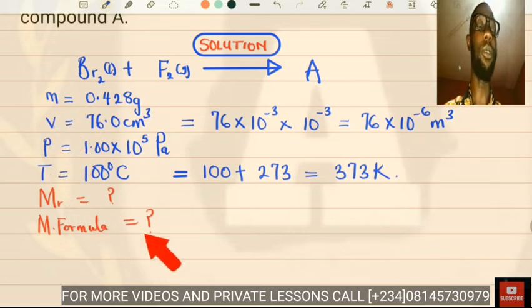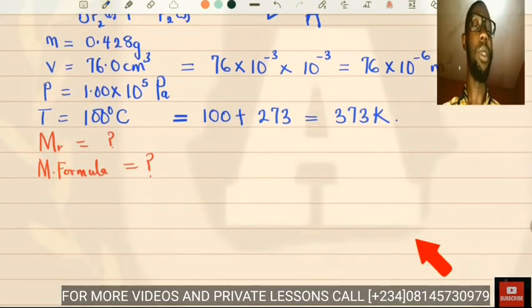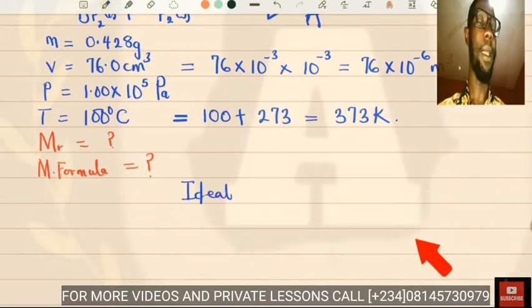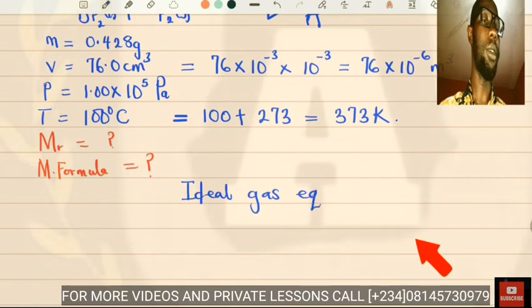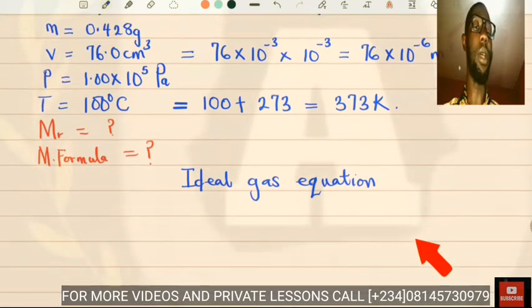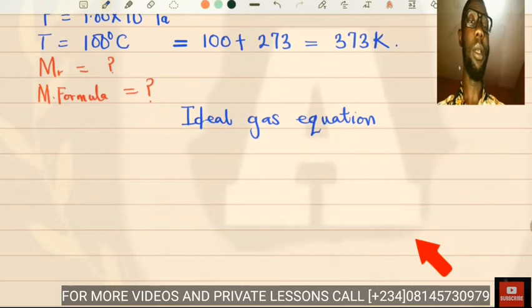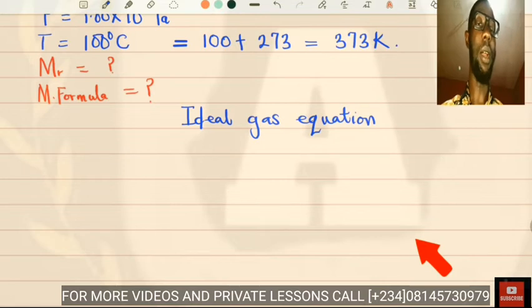Now, given all the parameters we have here, we have mass, volume, pressure and temperature. The equation which we're going to use is the ideal gas equation, which says that for an ideal gas, PV is equal to nRT.